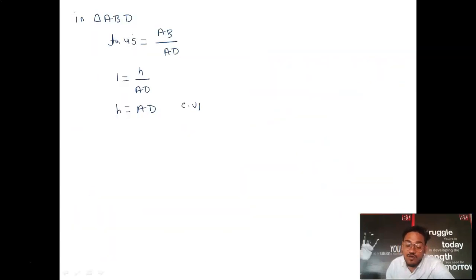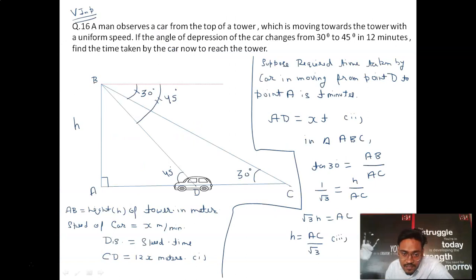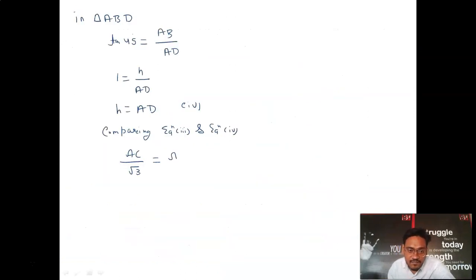Now students, since I want to eliminate this H, let me equate equation number 3 and equation number 4, because both represent the H. Comparing equation 3 and equation 4, I would get AC by root 3 is equal to AD.